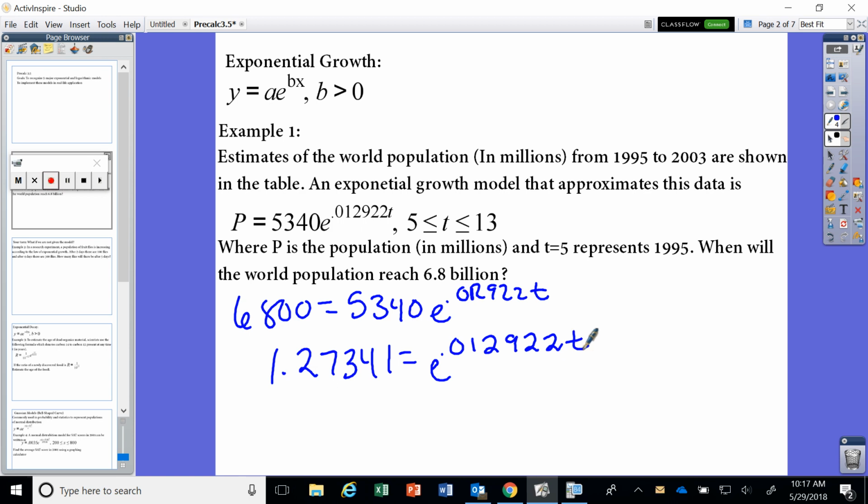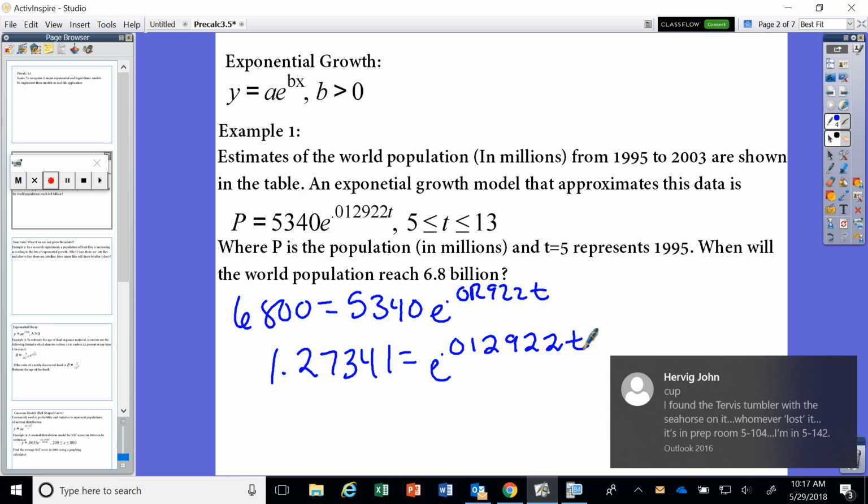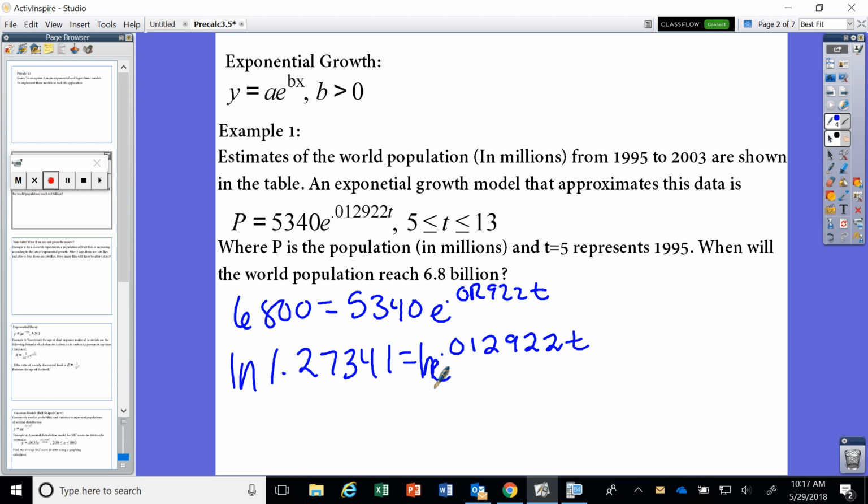Now, how would I get t out of the exponent? Just like before, you would take the natural log of both sides, and that cancels the e, so the natural log of 1.27341 equals 0.012922t. Then we solve by dividing by 0.0129, and in the end we get t roughly being about 18.7.